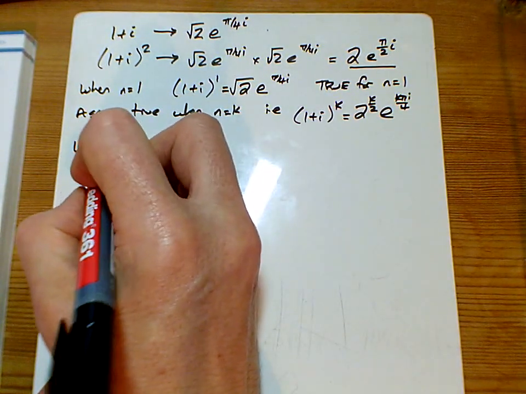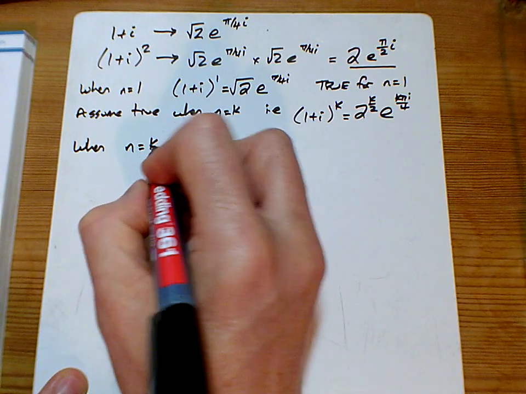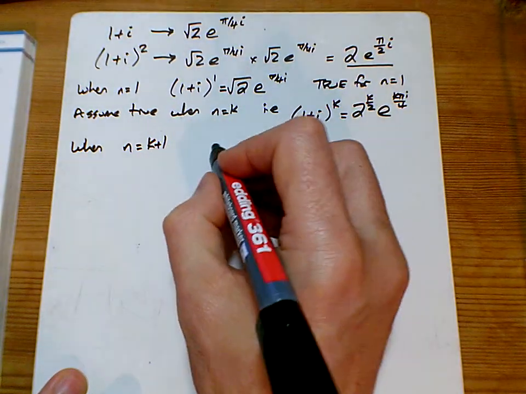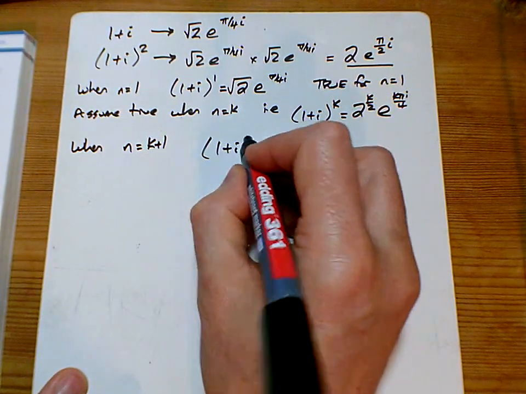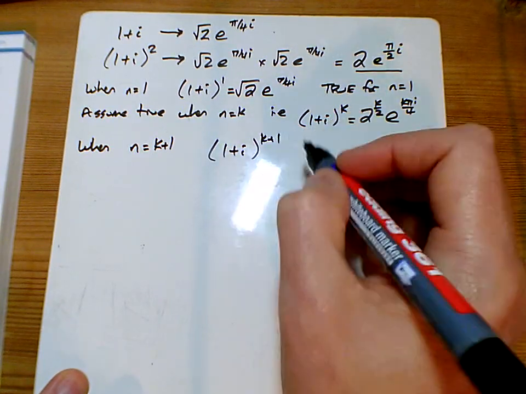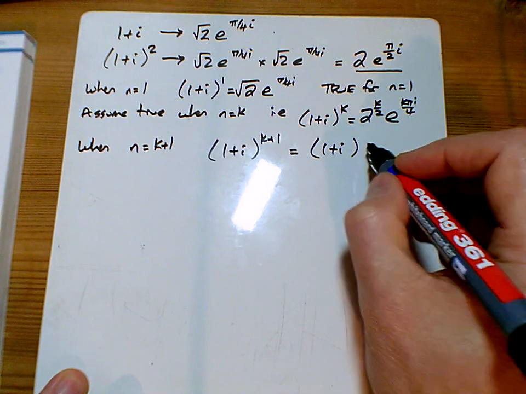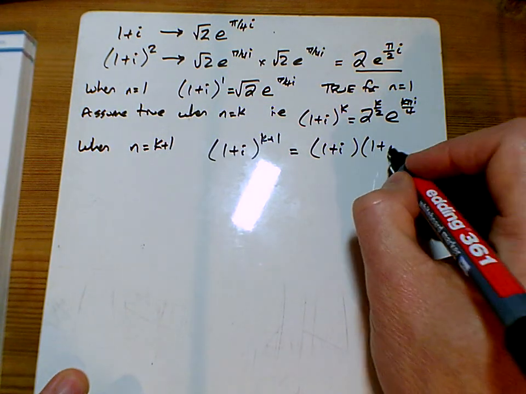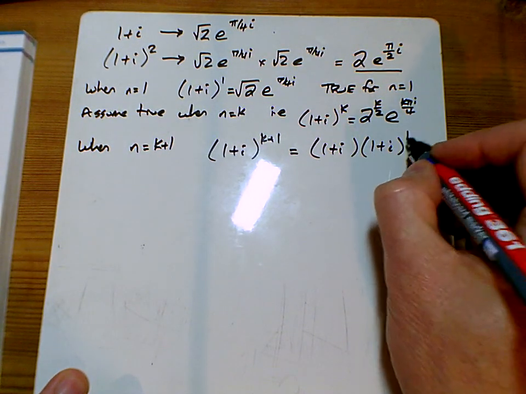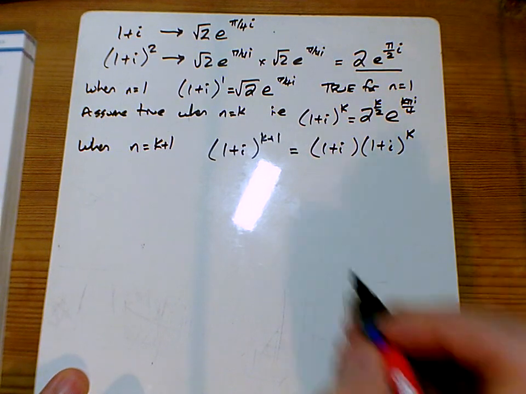So when n equals k plus 1, so 1 plus i to the k plus 1 is equal to 1 plus i multiplied by 1 plus i to the power of k.